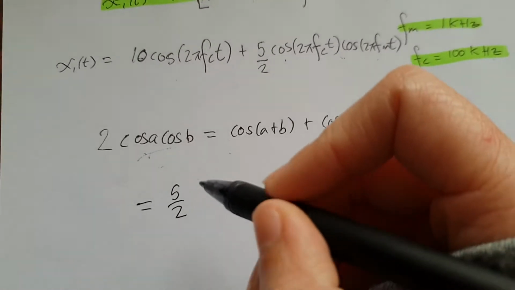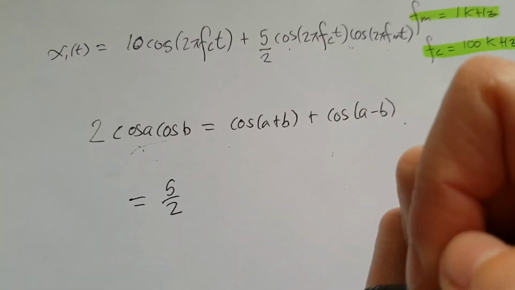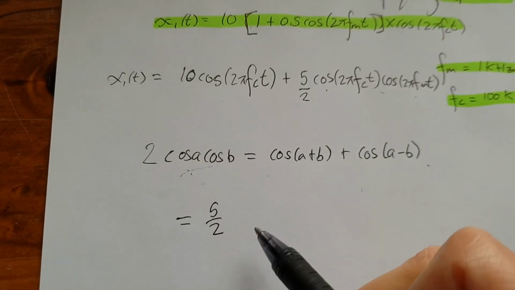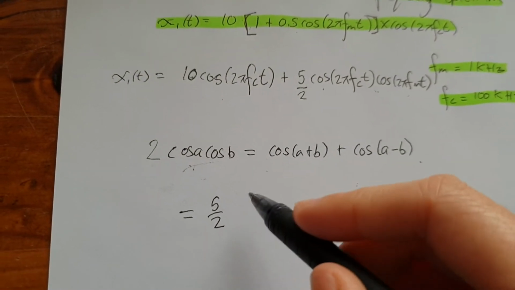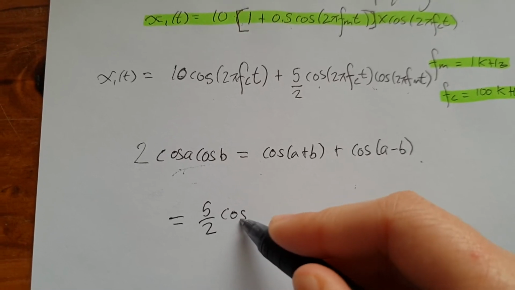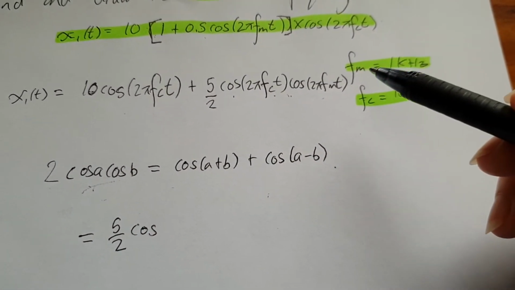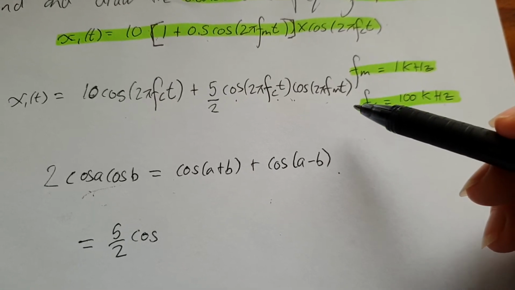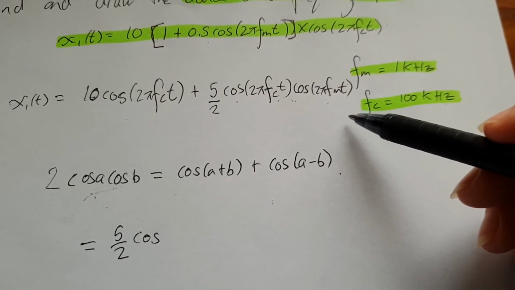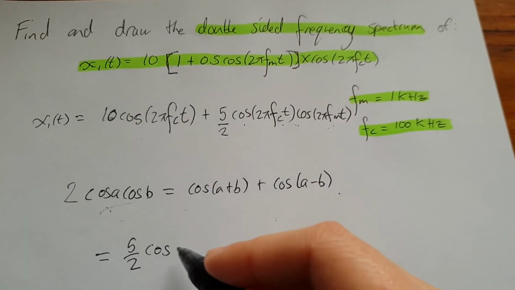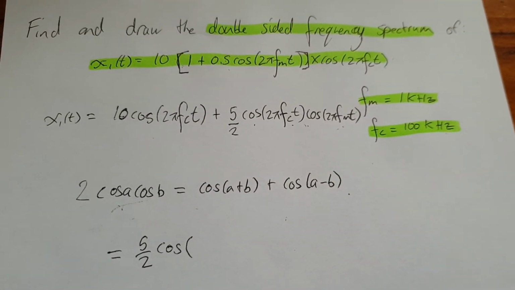It's probably better to just leave it in this format, because we're going to be dividing by 2 again later. And then we'll have cos of our fc and our fm.